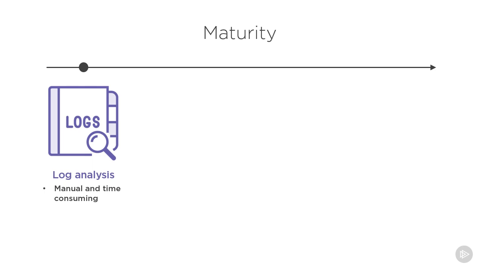Detecting malicious activity was based, and still is in some cases, on log analysis, which is a manual and time-consuming process in which a security analyst must search through a large amount of log events with a limited set of tools. This process relies also on the seniority of the analyst looking for the specific indicators.